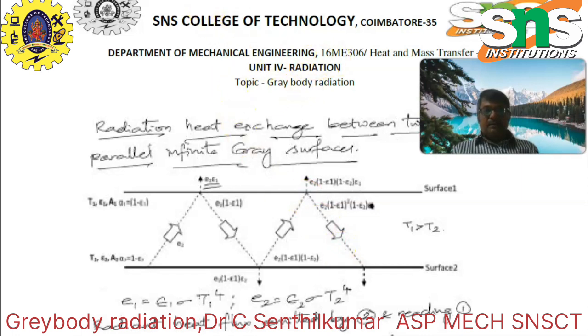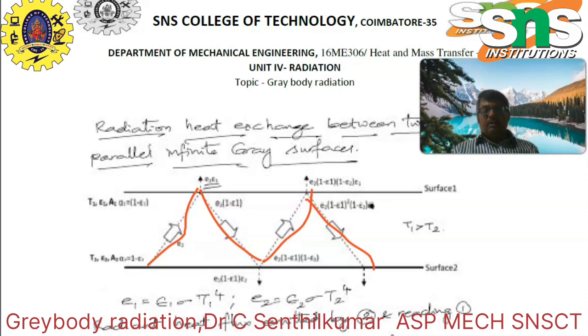You can notice this transfer from 2 to 1 and 1 to 2, again 2 to 1 and 1 to 2. So here this concept is purely based on reflection.